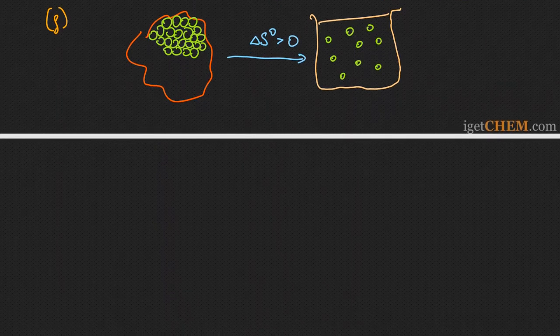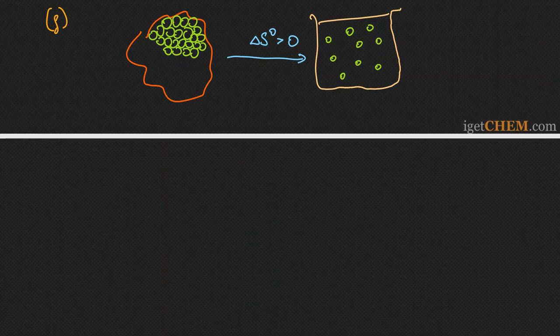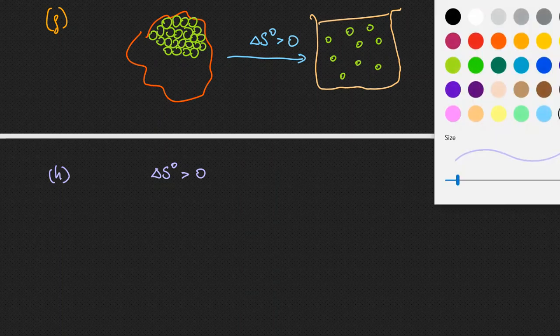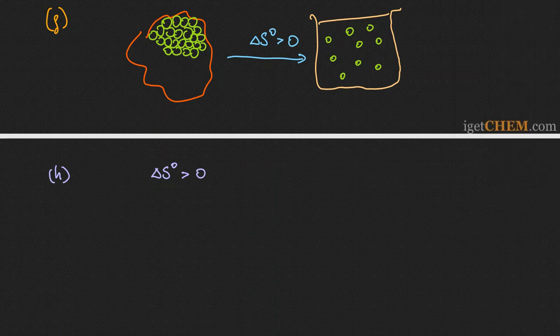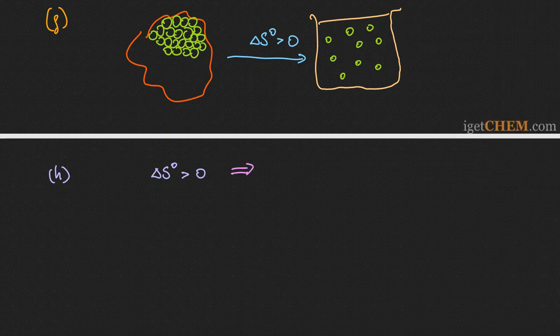So finally, part H asks you why this particular delta S is favorable for the reaction. So in general, we know that something that has a delta H larger than 0, that is positive, and a positive delta S will make the reaction more spontaneous compared to a process that has a negative delta S. So this is more spontaneous.